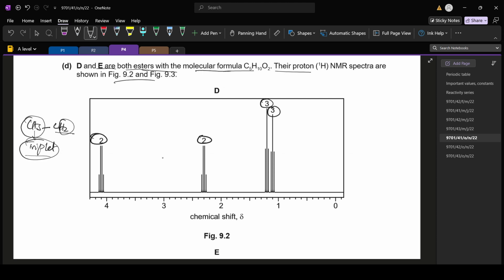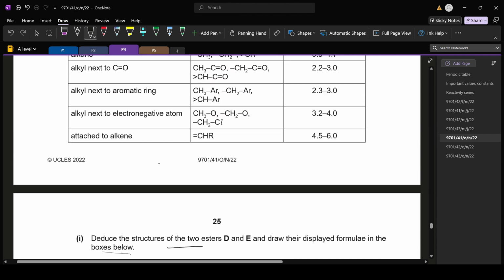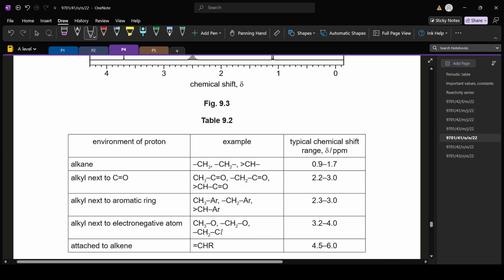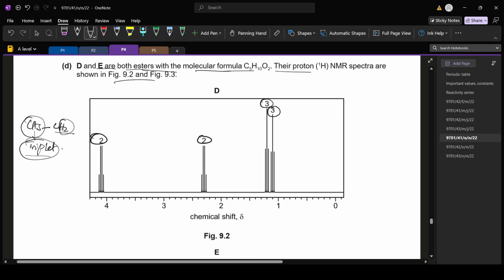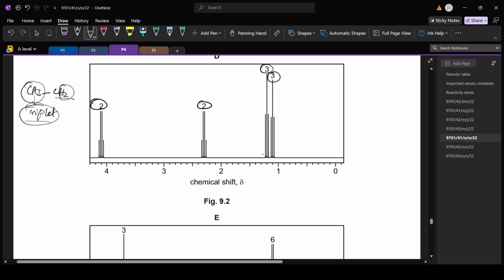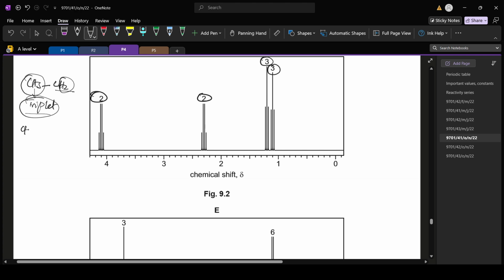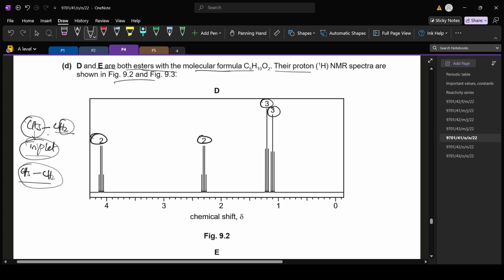You can also see from the table that a peak in this chemical shift is due to an alkane. And there are two peaks like this, so there will be two CH3 CH2 groups.